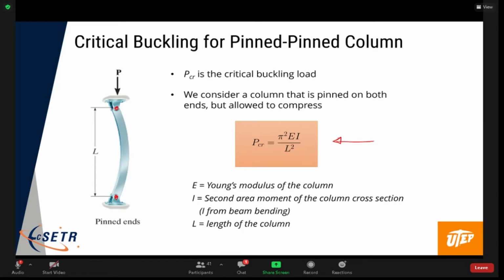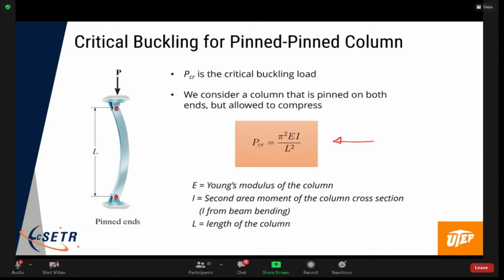If the load is greater than pi squared times Young's modulus of the column times the I, that's the same I we used in beam bending, over the length squared, it will buckle. If it's less than that, it will not buckle. So that's the buckling load that it fails at, right?